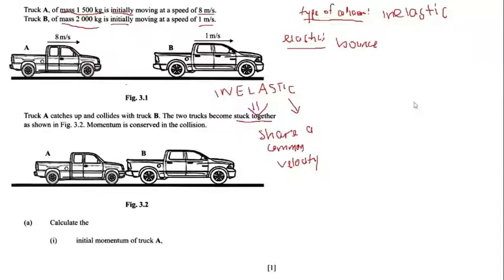Okay? So for an elastic collision, you see bounce off or VA2, the final velocity of object A, is not equal to the final velocity of object B. That sign means not equal.